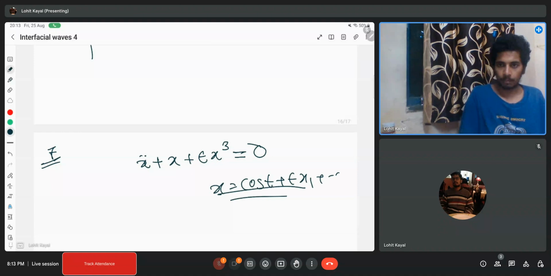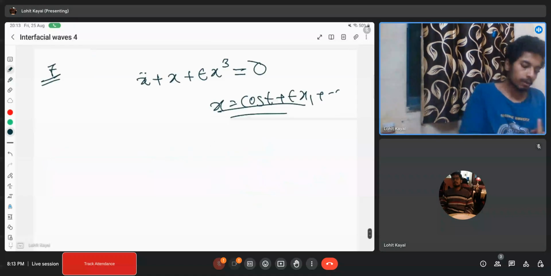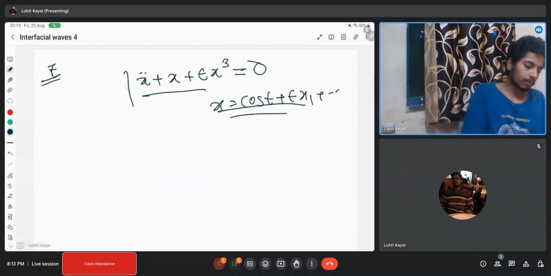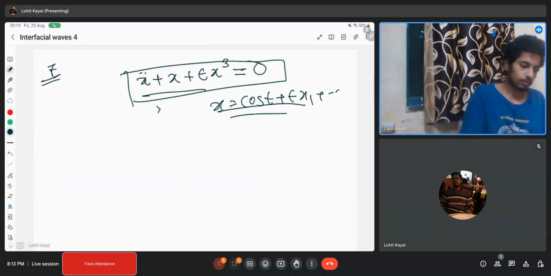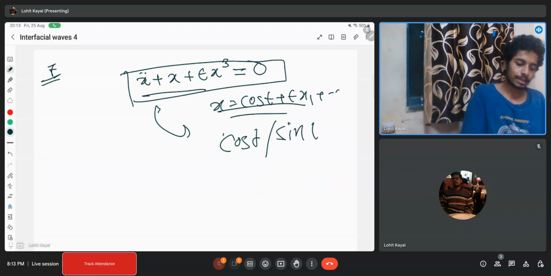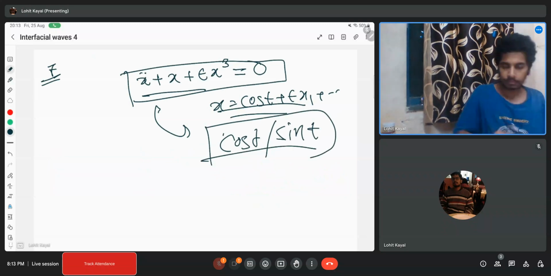Why will it not work? So far I have told you that on the right hand side you will get cosine t or sine t terms.